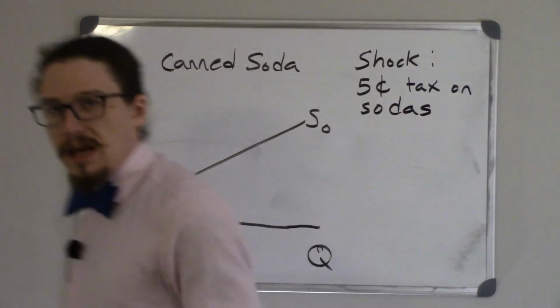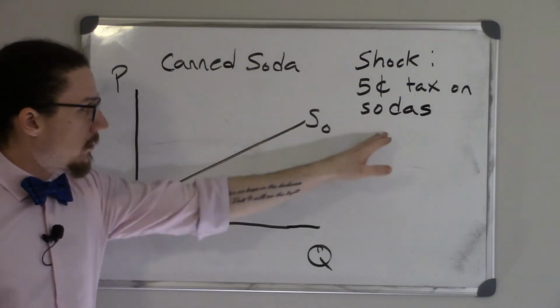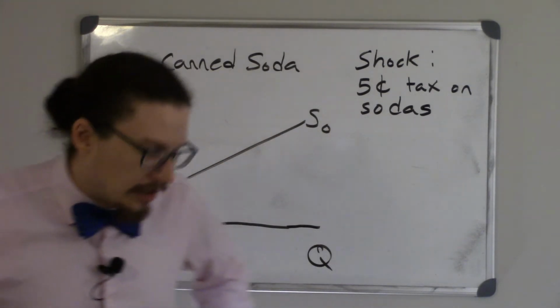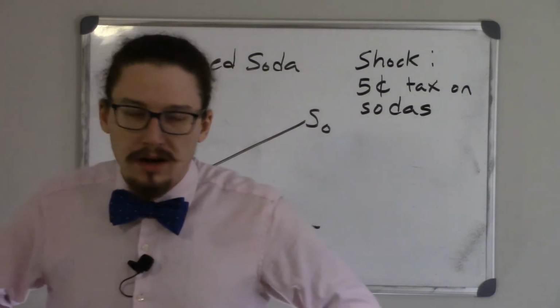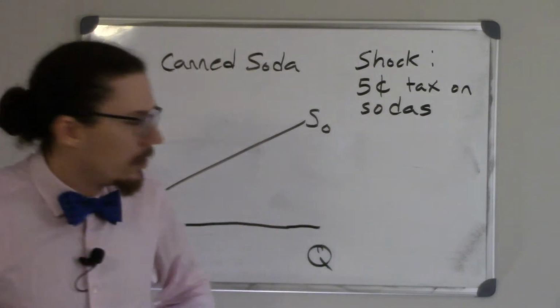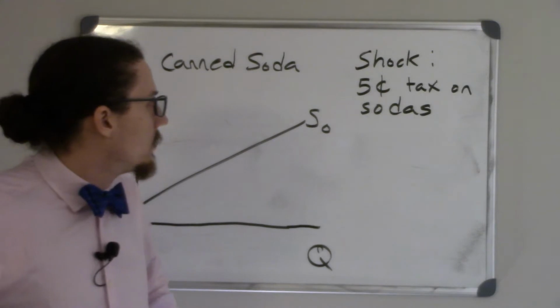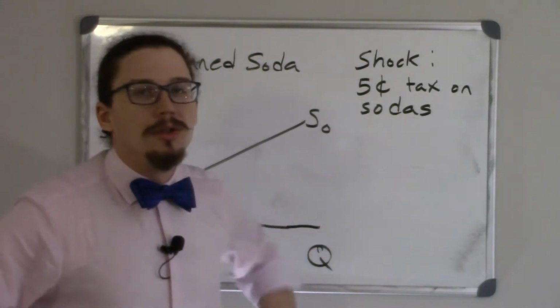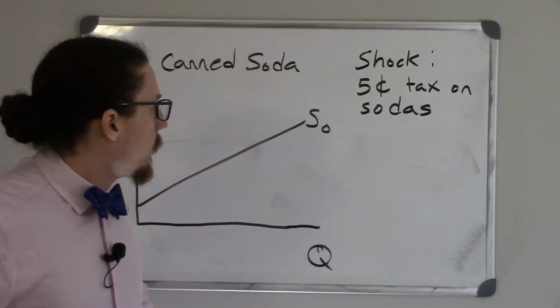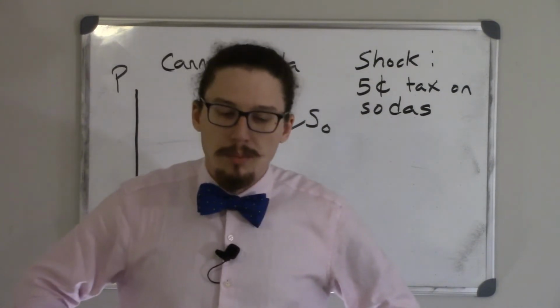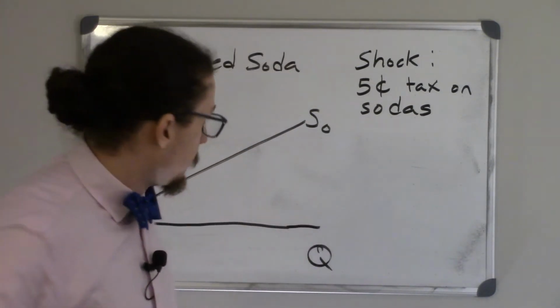All right, and that shock is that after some increased concerns about the health risks associated with drinking a lot of sodas, in an attempt to curtail that behavior, the government places a 5-cent tax per can on sodas.